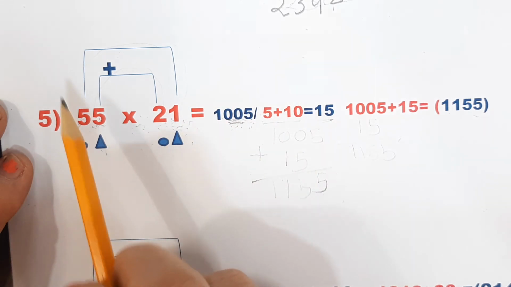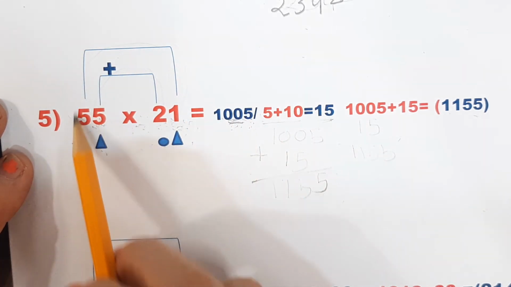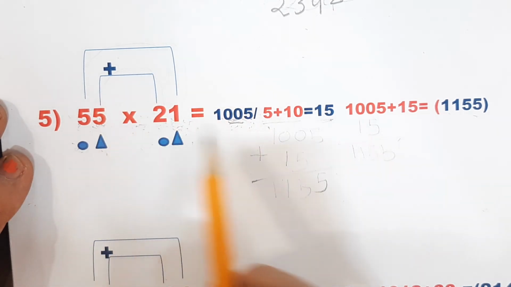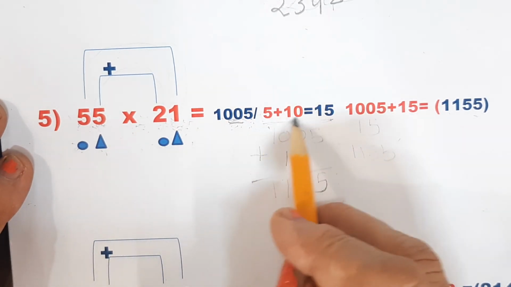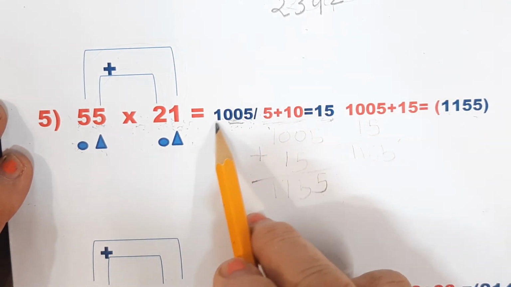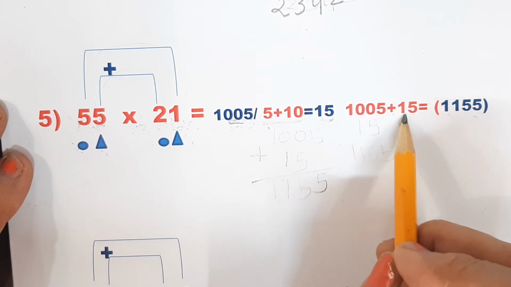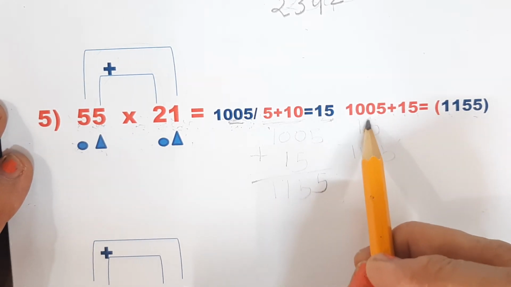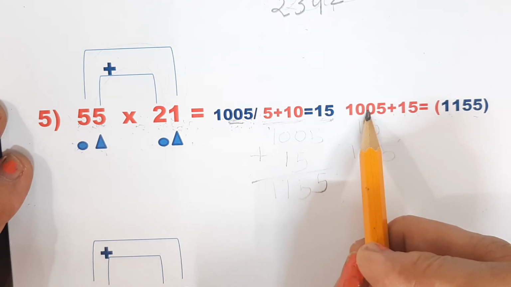Now we will go toward the bridge system. 5 multiplied by 1 is 5 and 5 multiplied by 2 is 10. So you have to add both the figures. So the answer will be 15. So you have to add 1005 plus 15. But your 15 will start from the second number of this figure.